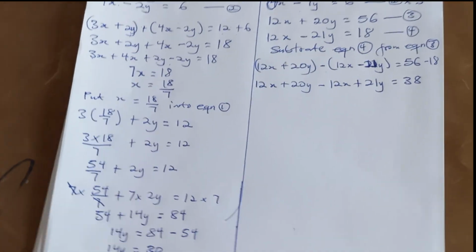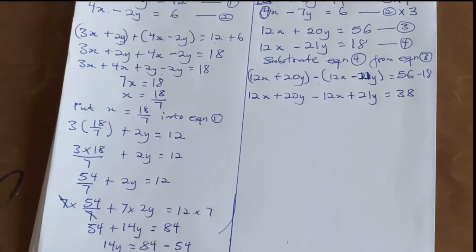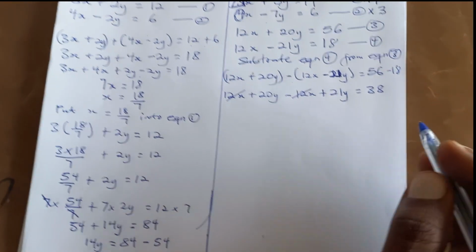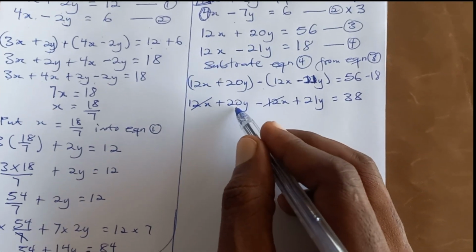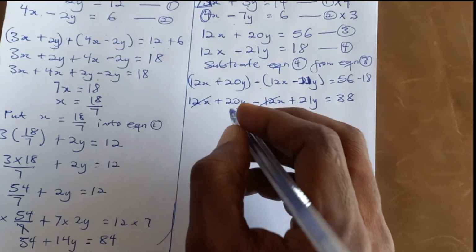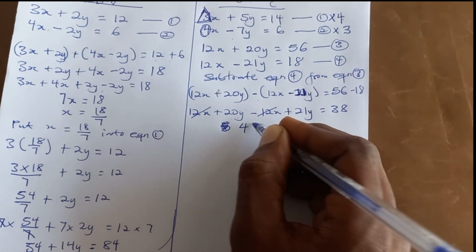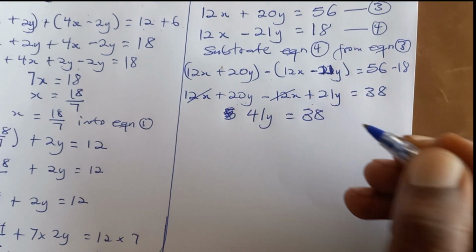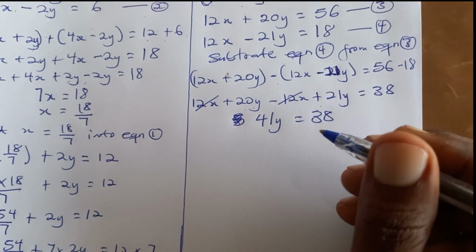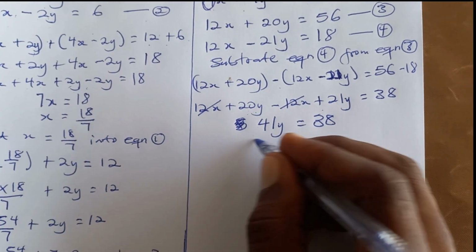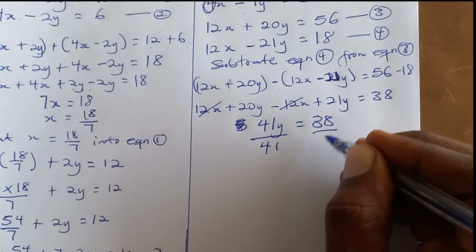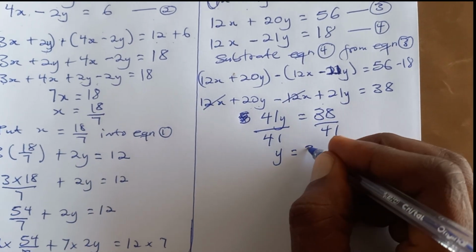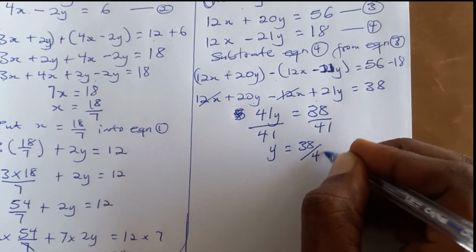Continuing to simplify, the 12x cancels the 12x, and 20y plus 21y gives 41y, which is equal to 38. So we divide both sides by 41, and our y is 38 on 41.